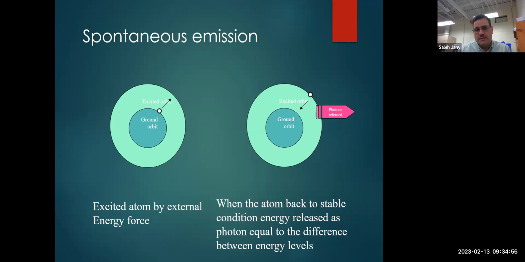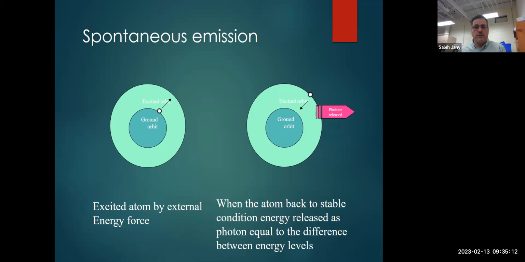But the atom tries to go back to the stable condition. The energy will be released as a photon, and the photon energy is the difference between the first energy level and the lower energy level. That's why you can measure it. This is the spontaneous emission.